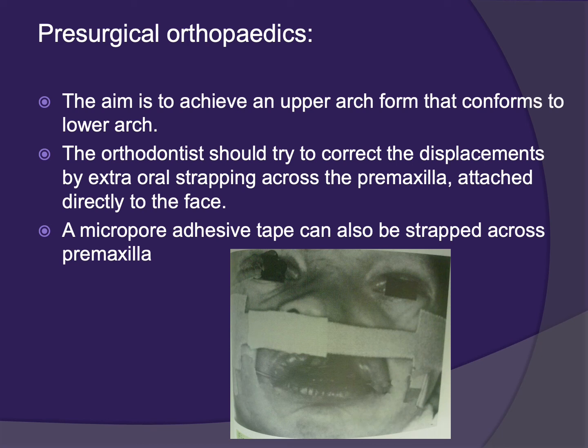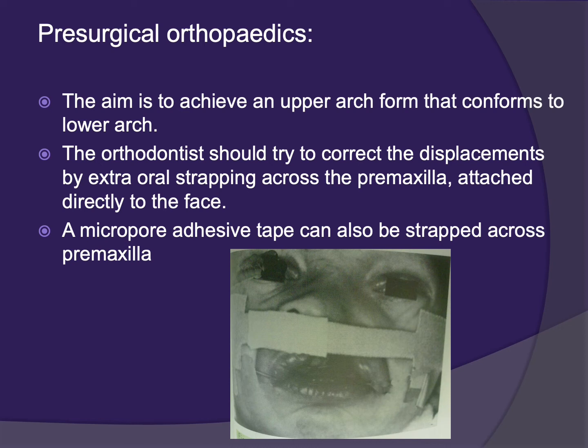For the pre-surgical orthopedics, the aim is to achieve an upper arch form that conforms to the lower arch. The orthodontist should try to correct the displacement by extraoral strapping across the premaxilla, which is attached directly to the face. Orthodontists will use adhesive tape, which is strapped across the premaxilla.